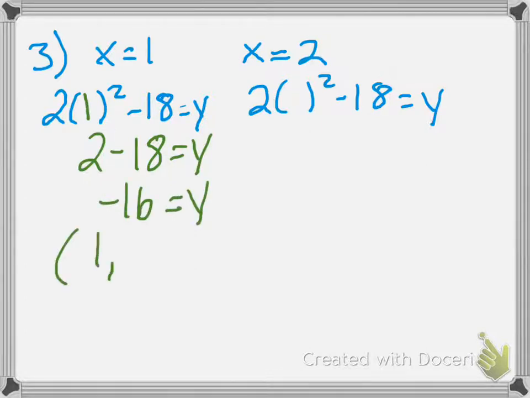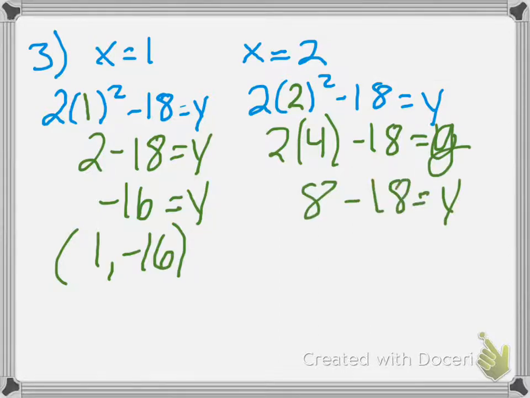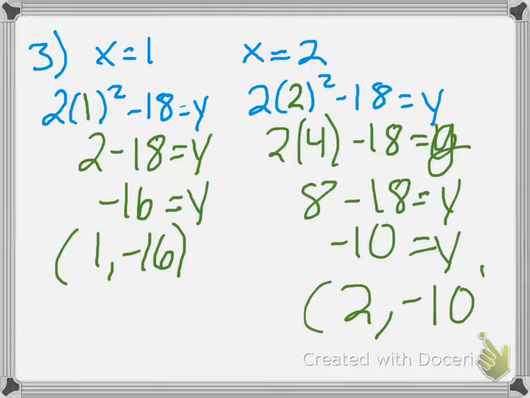So our point becomes 1, negative 16. And our x equals 2. 2 times 2 squared minus 18 equals y. 2 squared is 4. 2 times 4 is 8 minus 18. Y equals negative 10. Our next point is 2, negative 10.